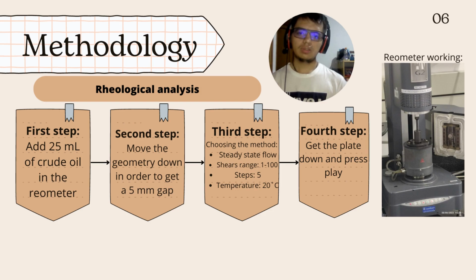Then we will set the method of the rheometer: steady state flow, shear range between 1 and 100, 5 steps, and a temperature of 20 degrees centigrade. For the last step, we will get the plate down and press play to let the rheometer work.